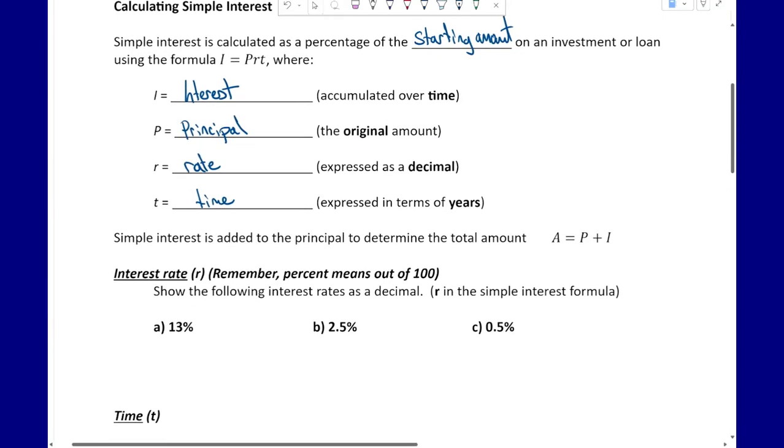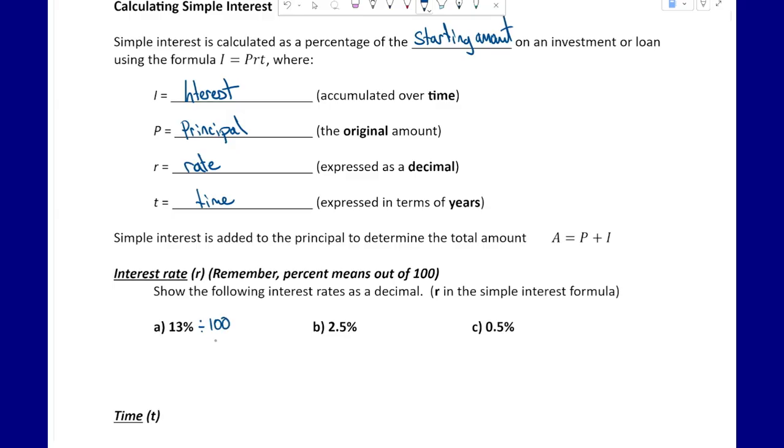When we're dealing with the interest rate, or R, remember, we need to express our rates as a decimal. So we're usually going to be given the interest rate as a percent. We need to convert it to a decimal. So just remember that percent means out of 100. So if I'm given my percents and I want to find the decimal, I have to divide it by 100.